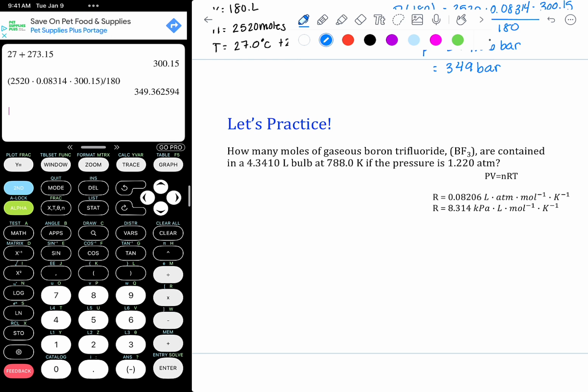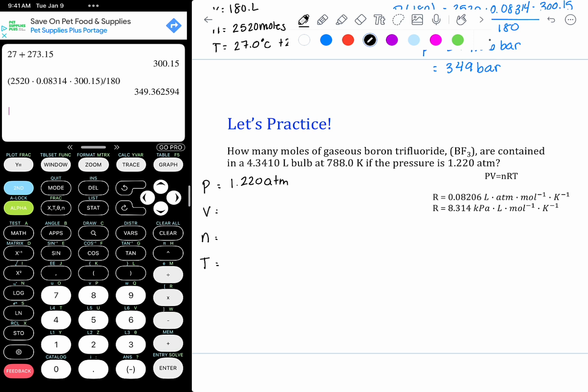Well, let's define our variables and see what conversions we need to do, if any. So we have first pressure, volume, moles, and temperature. Our pressure is given as 1.220 atm.